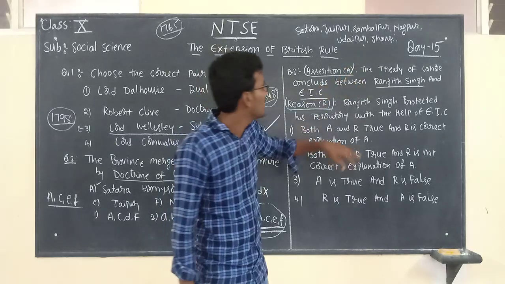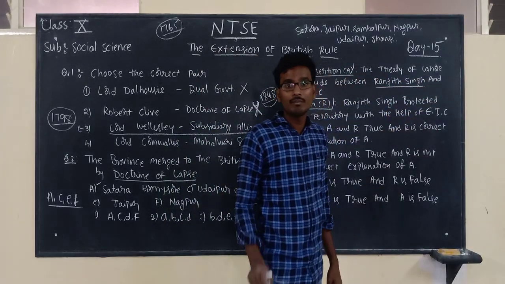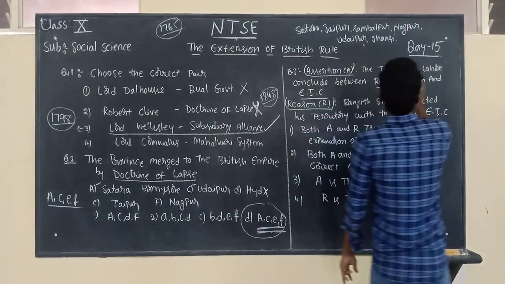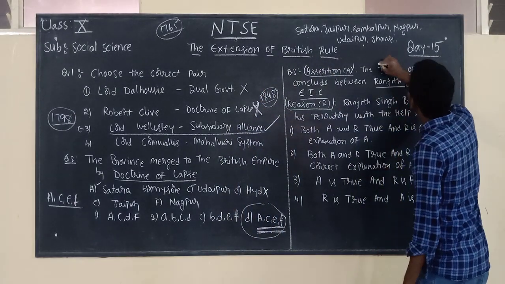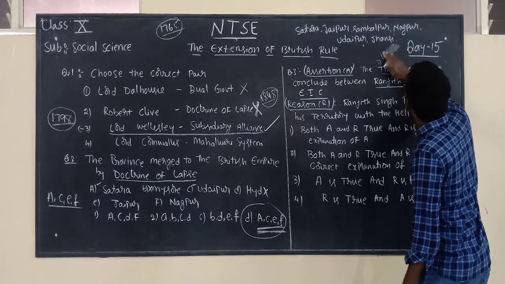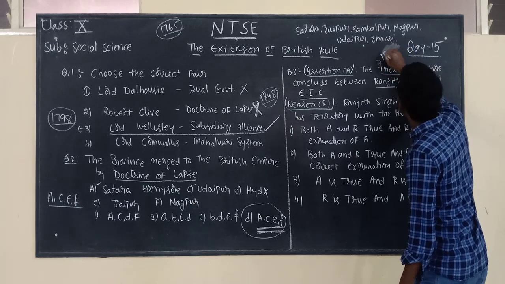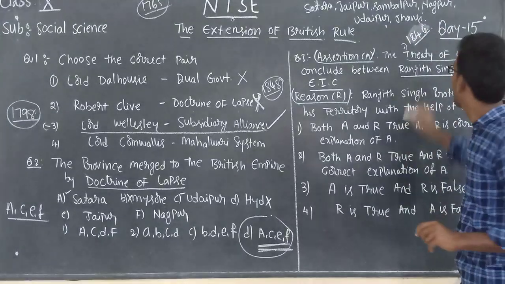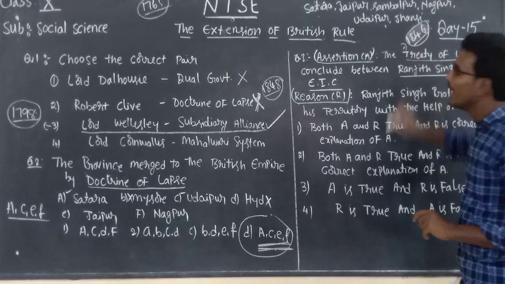What about the assertion? Treaty of Lahore. In which year was the Treaty of Lahore signed? The Treaty of Lahore was signed in the year 1946. Sorry. The Treaty of Lahore was signed in the year 1846.